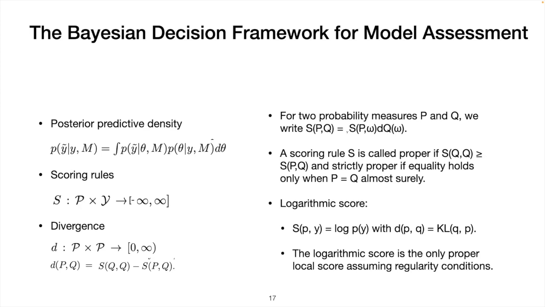So the scoring rule is a bivariate function that takes the input of a probability and the observed data to a number.